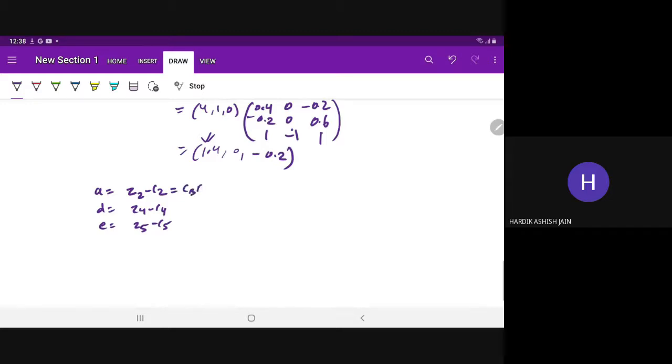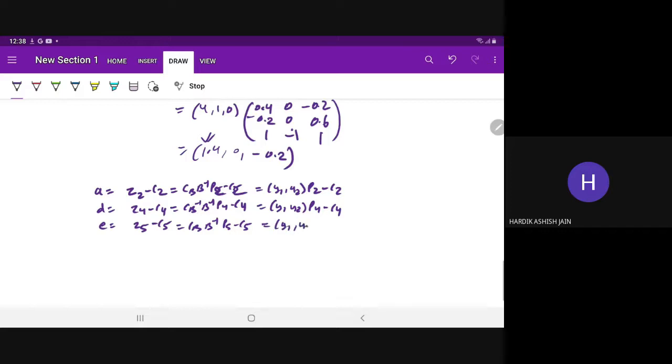It is CB inverse P2 minus C2, CB inverse P4 minus C4, CB inverse P5 minus C5. And CB inverse is Y1 Y2, so Y1 Y2 P2 minus C2, Y1 Y2 P4 minus C4, Y1 Y2 P5 minus C5.